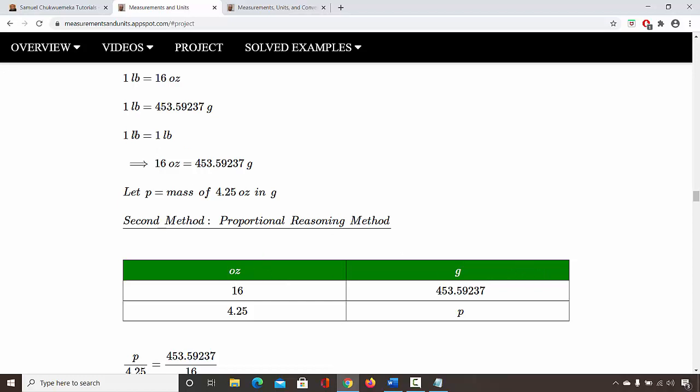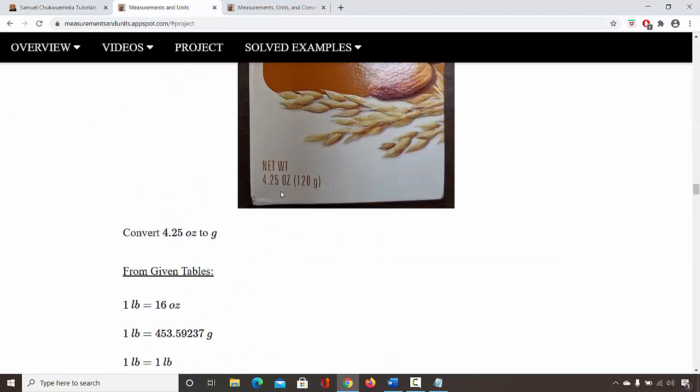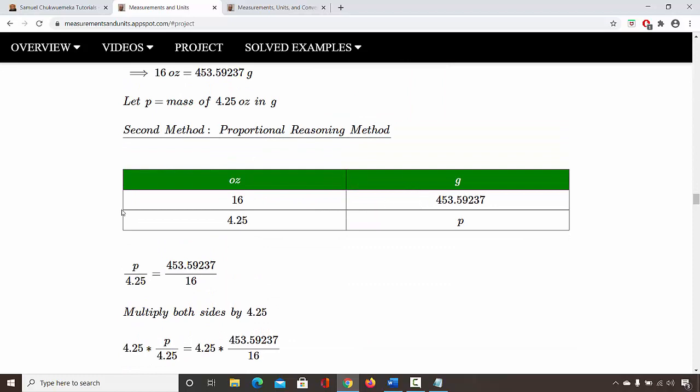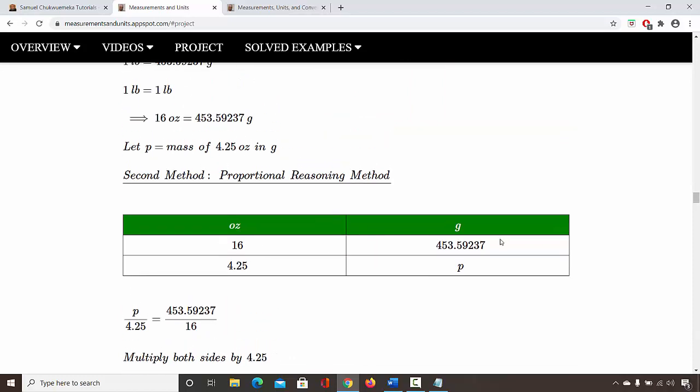Because 1 pound is equal to 1 pound, we now see that 16 ounce is 453.59237 gram. So what 2 units are we talking about now? Ounce and gram, and that is what we want here, 4.25 ounce to gram. So we put ounce and gram. In the first line, we put 16 ounce because this 16 ounce is equivalent to 453.59237 gram.